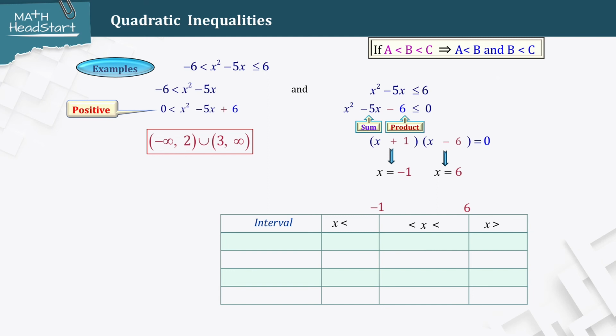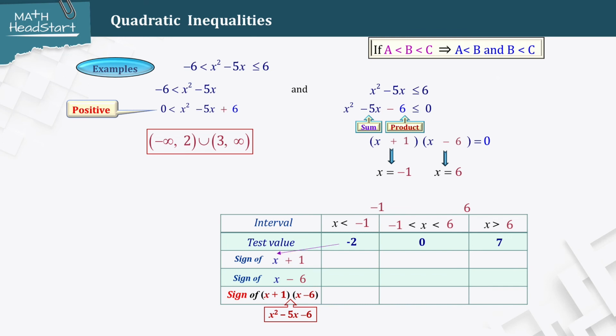The intervals are less than the smaller root -1, between -1 and 6, and larger than the larger root 6. Then pick a test value for each interval. Use the sign of each factor of the quadratic expression to determine the sign of the original expression.